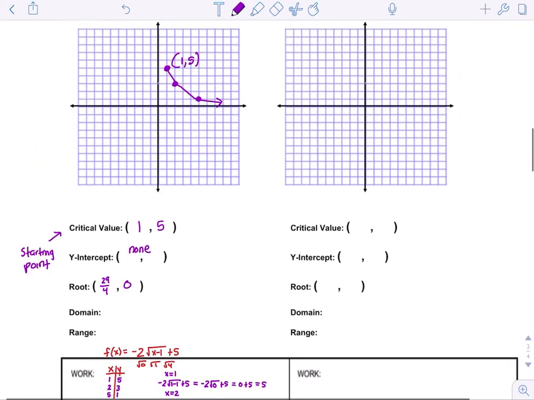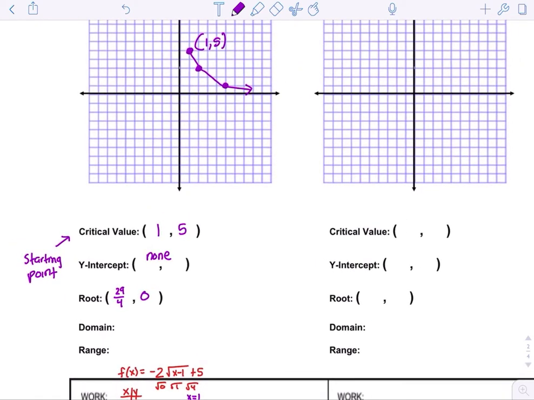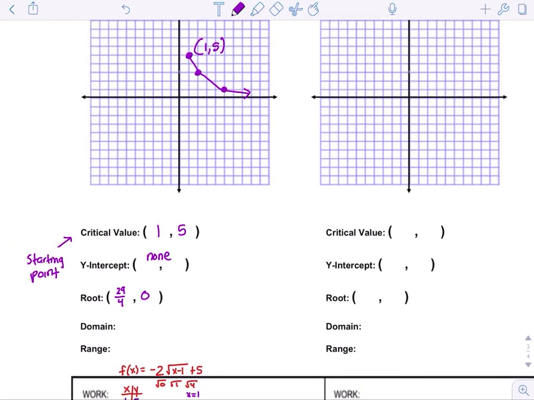Alright, domain, left to right, right? So domain is all the input values which are good for our function. So basically, you just use your critical value. How far left is this graph going on this curve? Well, here is the leftmost point and it's at 1. Remember, domain is only your x value. So bracket 1, comma, how far right does this graph go? To infinity.